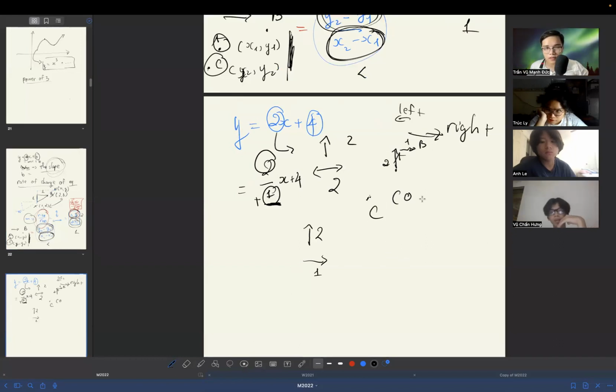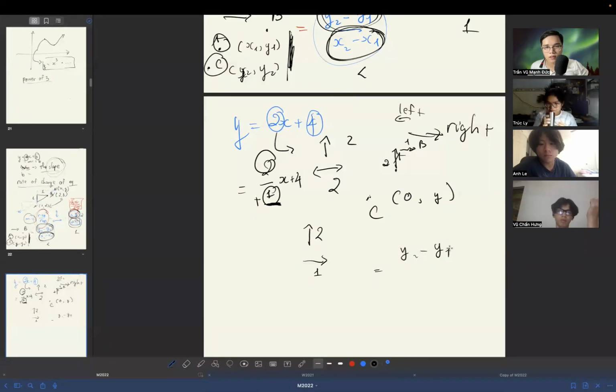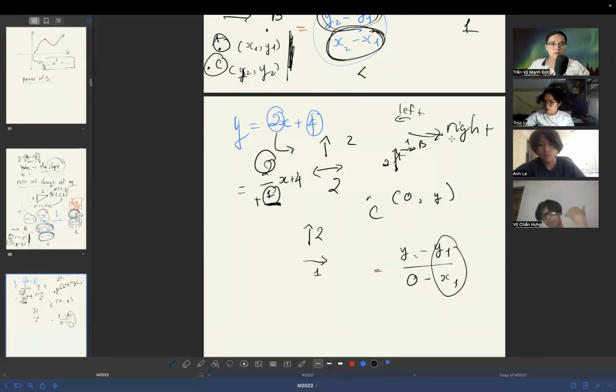If C is 0, I will have y2 minus y1 over 0 minus x1. The point that we set as our reference point is A, so C is to the left, and x2 minus x1 will be negative.